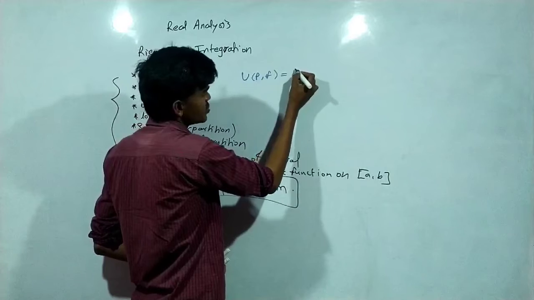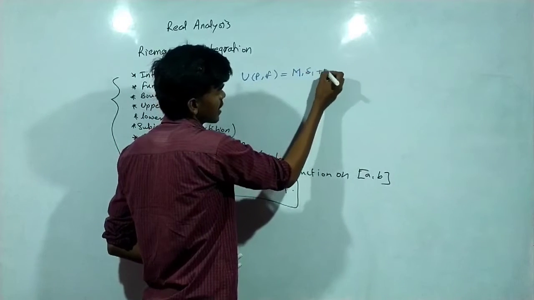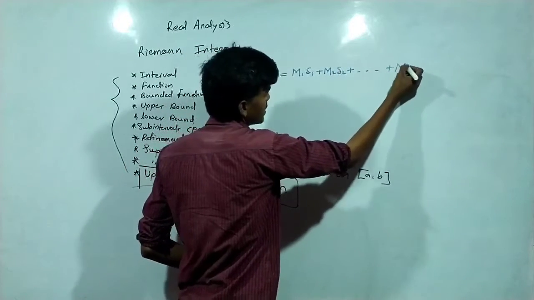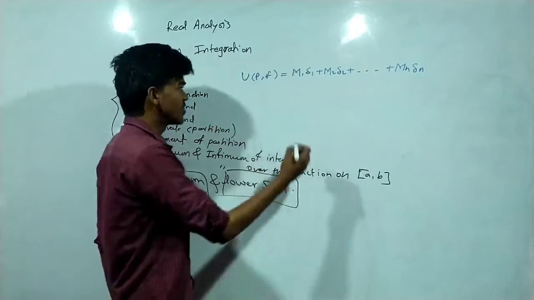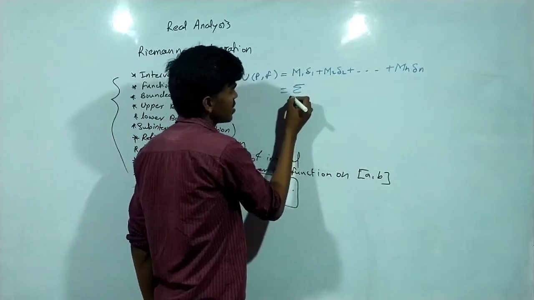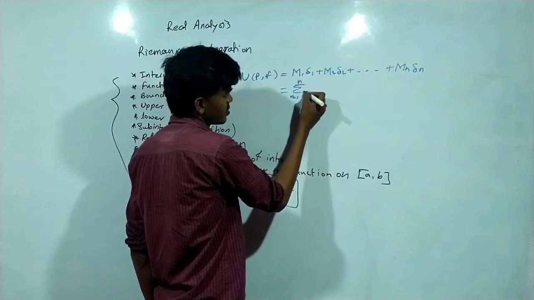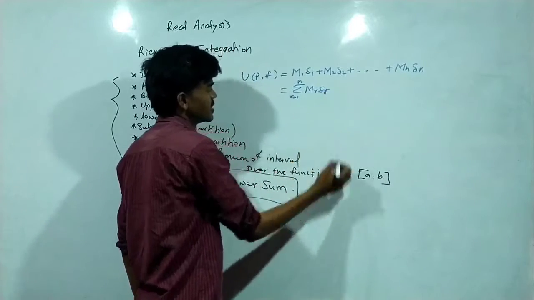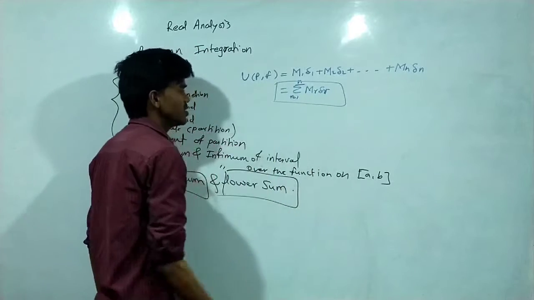It is denoted like this: capital M1 delta 1, capital M2 delta 2, and so on, capital Mn delta n. So this is the series. We need to define this series in summation, let's say r equals 1 to n, capital Mr delta r. So this definition is our upper sum.